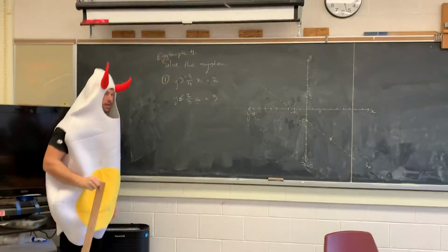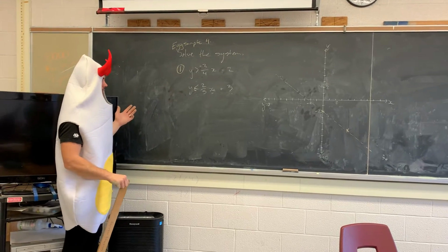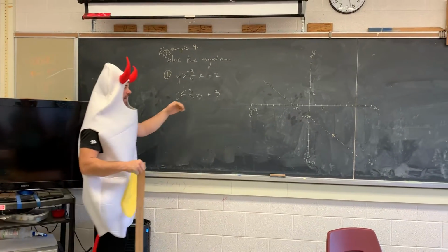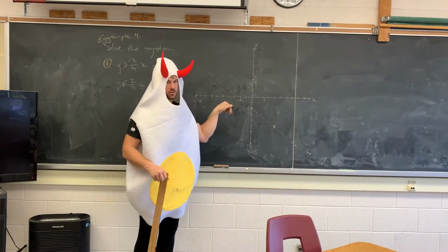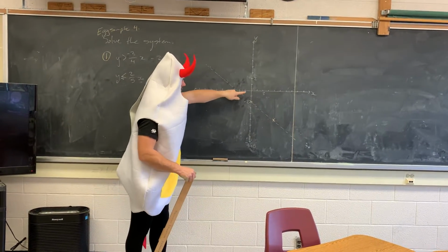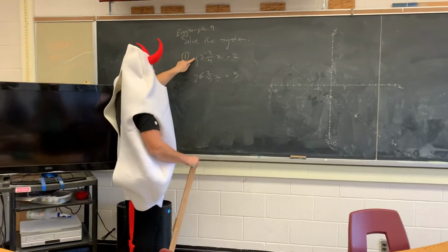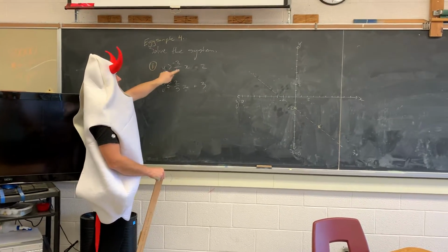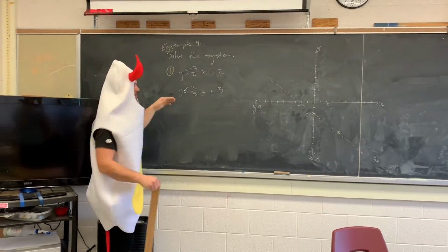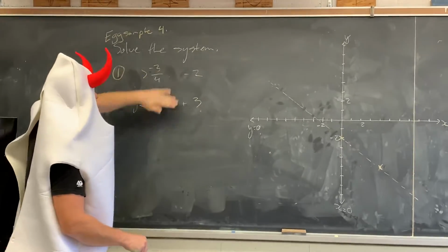Okay, now that we have our dotted line, we have to check to see which side of the line is the solution to the first equation. So 0, 0 is a nice point to check with. What we ask ourselves is, if I replaced y with 0 and x with 0, would this statement be true? Well, let's go ahead and do that.